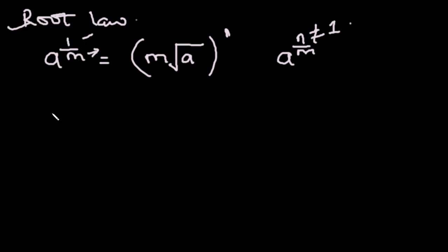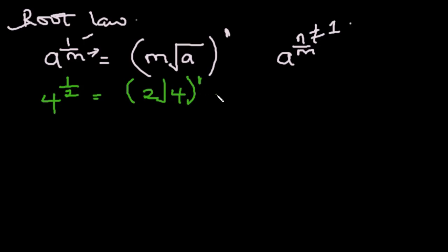So now, let's say I have 4 to the power of 1 over 2. You know, 2 is square. So this is like saying the square root of 4. So my answer will be 2.